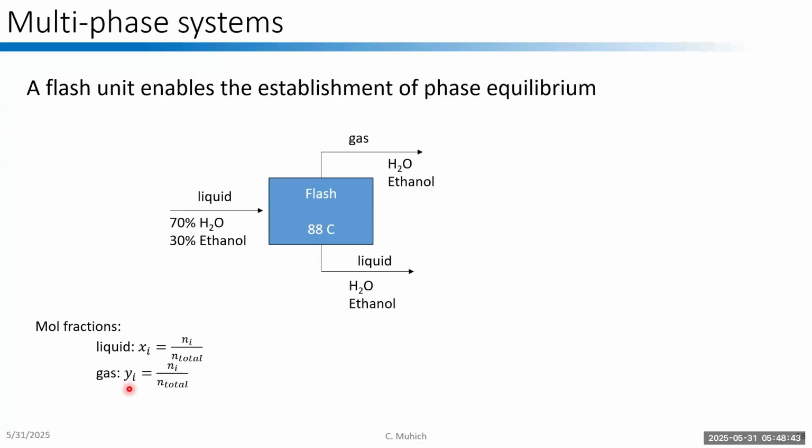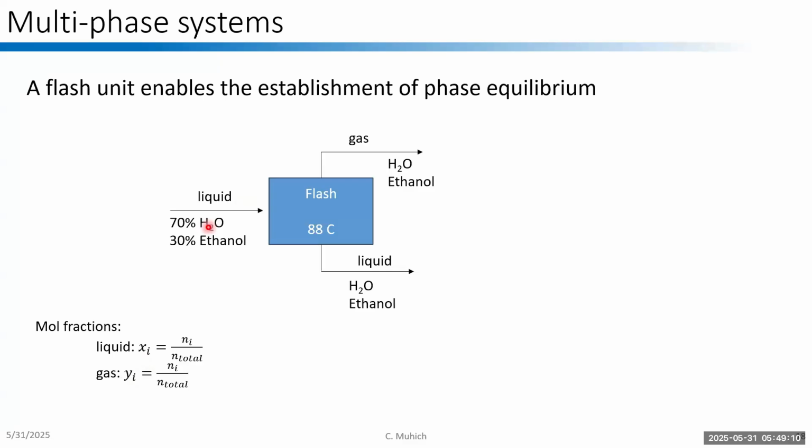It's the same in the gas. But just to help us keep track of what's liquid and what's gas, we often write the liquid mole fractions as Xi and the gas mole fractions as Yi.